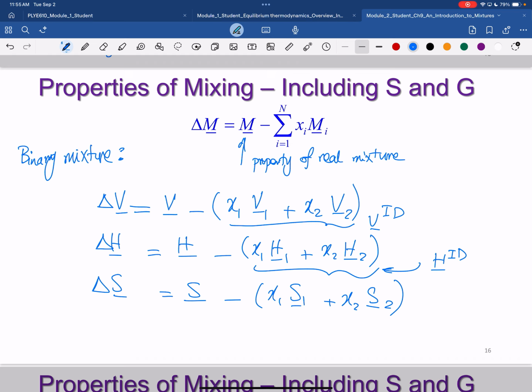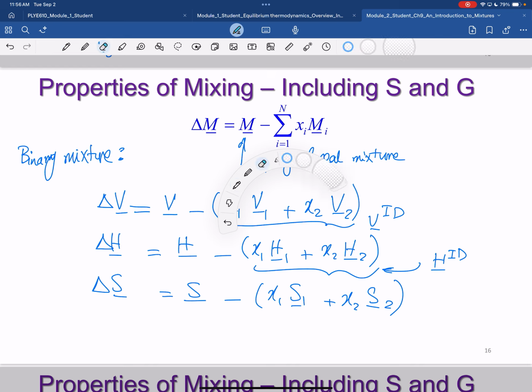So the mixing property shows the difference between the real mixture value and what we get when we subtract the individual components separately. Right? For volume, enthalpy, internal energy, the second part of it coincides with the ideal definition. But for entropy, it doesn't, and you will see why it doesn't happen. Okay? So for entropy, it becomes more interesting.